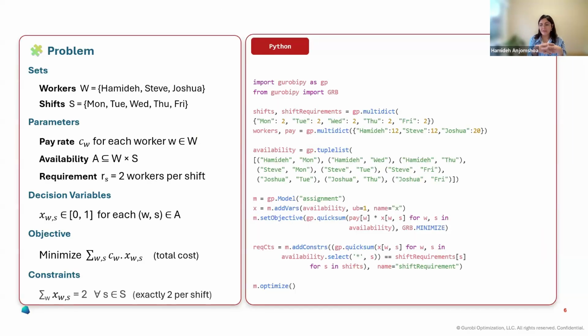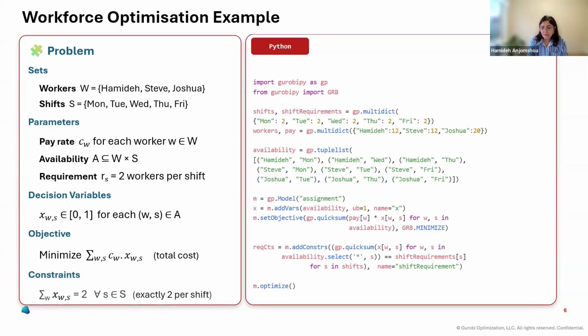For the audience in this talk who love to see maths and coding, here is another example, a workforce example. We have 3 workers. We need to schedule them for 5 working days, and we want to make sure that we have someone for each 2-hour shift, and we want to minimize cost.